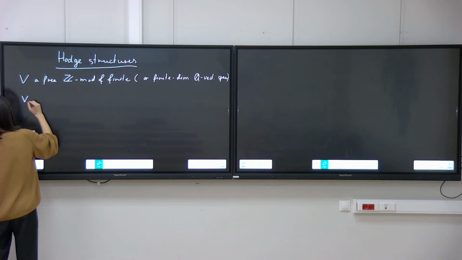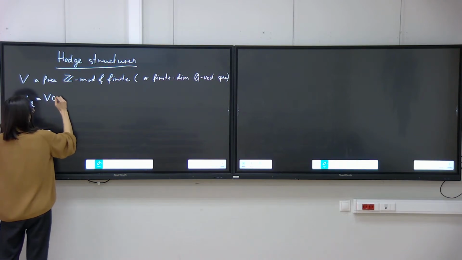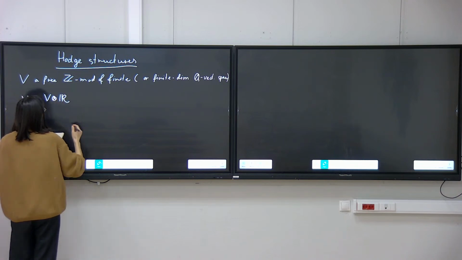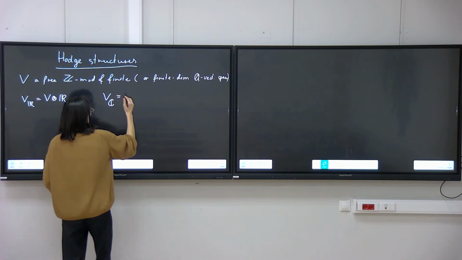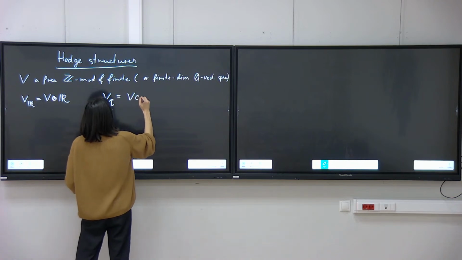Then we can consider V_R, that is, just the tensor product with R, and over complex numbers.